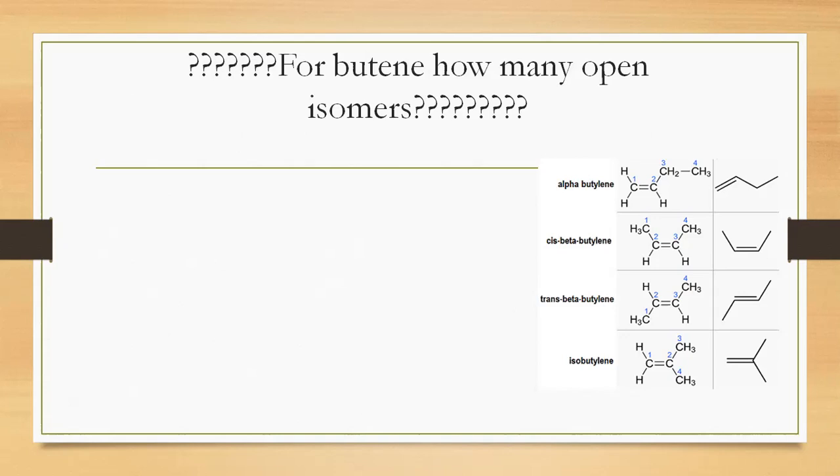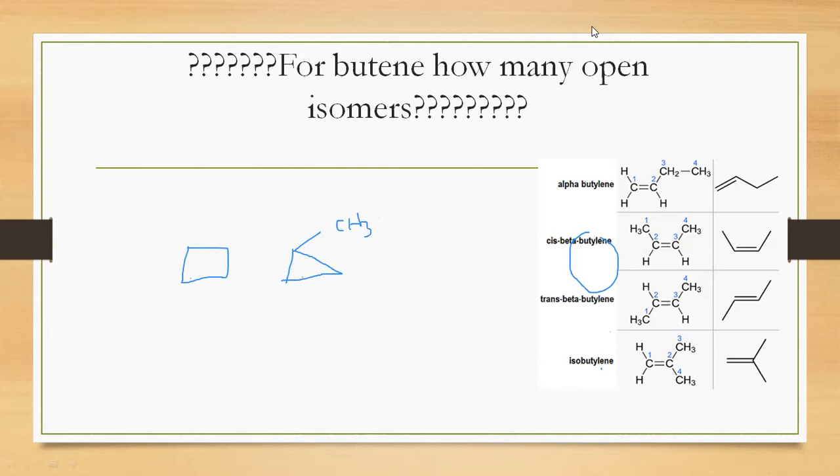Now, see this. Butene can be there with cyclobutane also, or I can have a methyl substituted cyclopropane also. So 1, 2, 3, these two are together, 1, 4, 5.